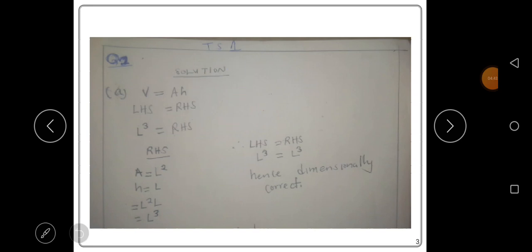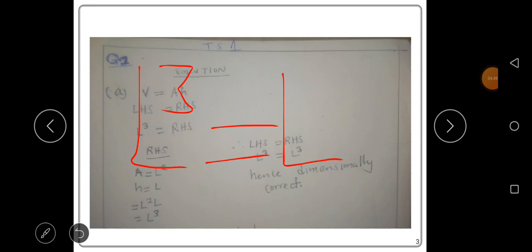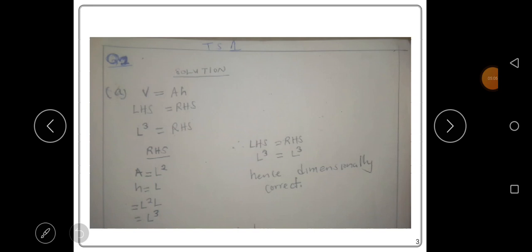So at this point we can tell that left hand side, we said it's L to the power 3. Then right hand side after multiplying is L to the power 3. So we can tell that the dimensions on the left hand side is equal to the dimensions on the right hand side. So at this point we can conclude to say the equation V is equal to AH is dimensionally correct.